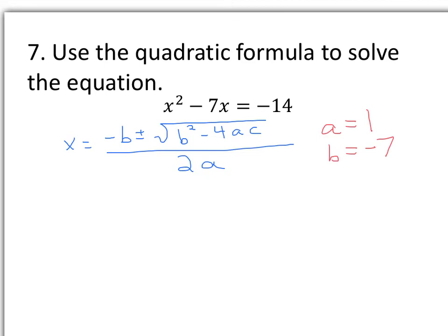But before we can find C, we have to rewrite the equation in standard form. So we would add 14 to both sides. Alright, this is the standard form of the equation, so we can see that C equals 14.